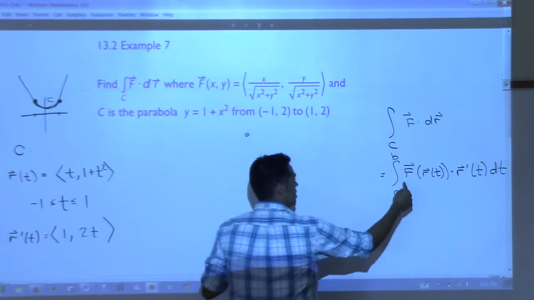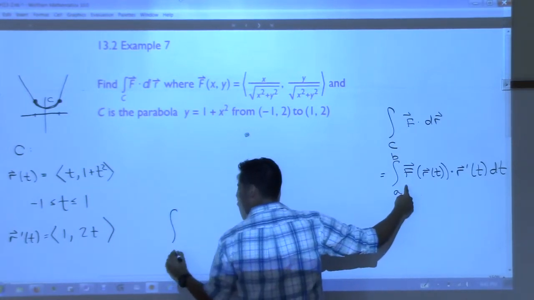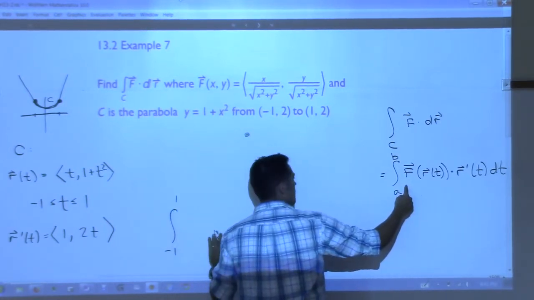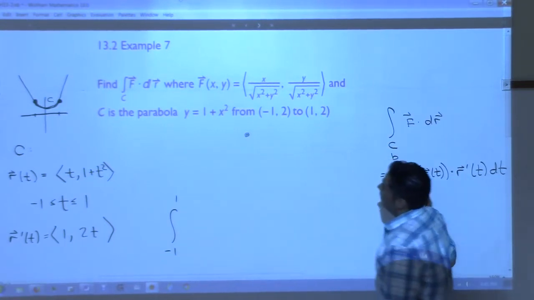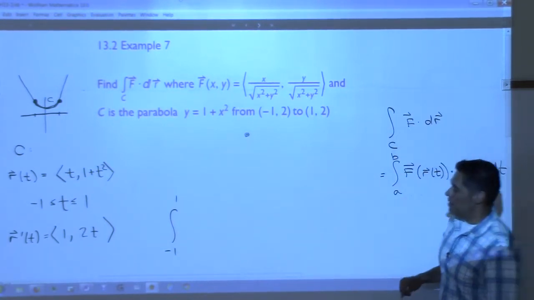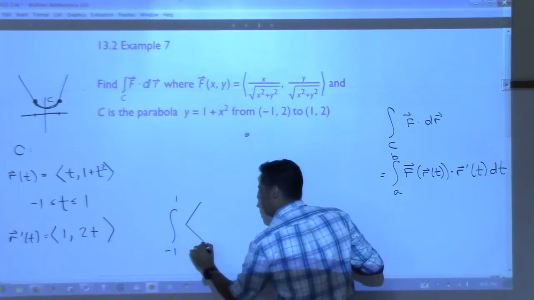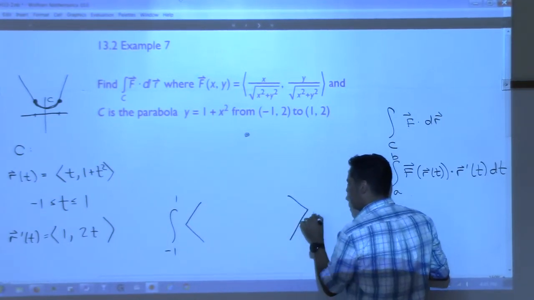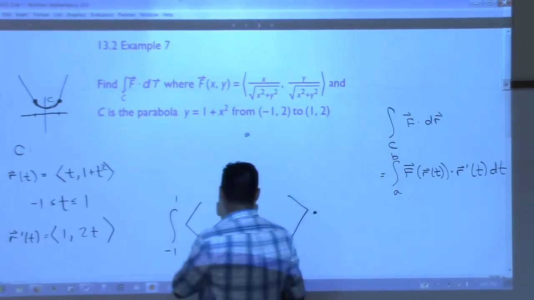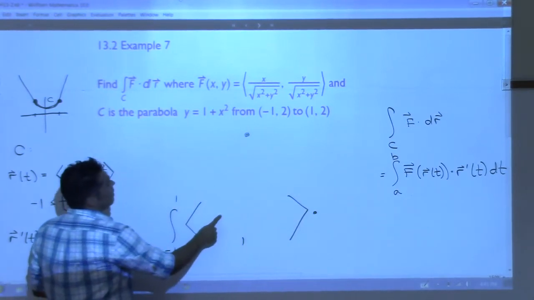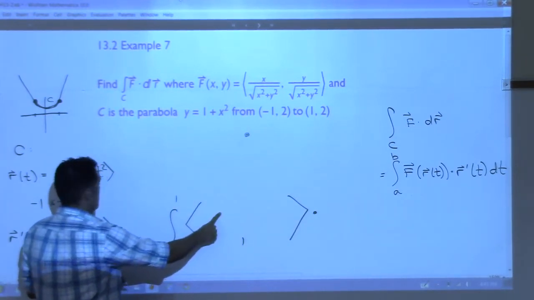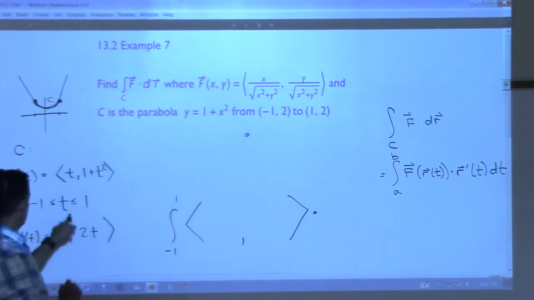Okay, so here we go. We'll go from negative 1 to 1. It's going to be the field. It's this big old nasty thing dotted with something, but let's get this here. So first part is t over, so you're saying x is actually this, right?